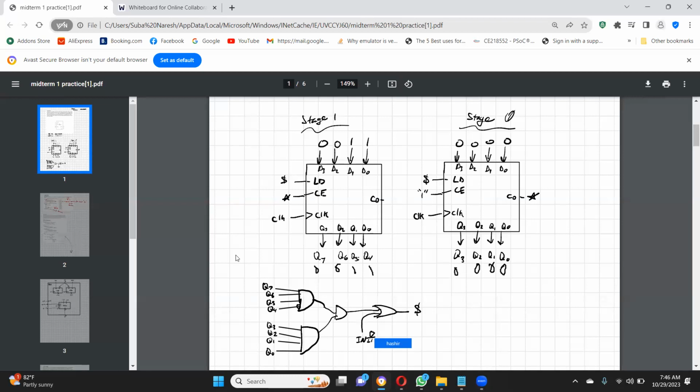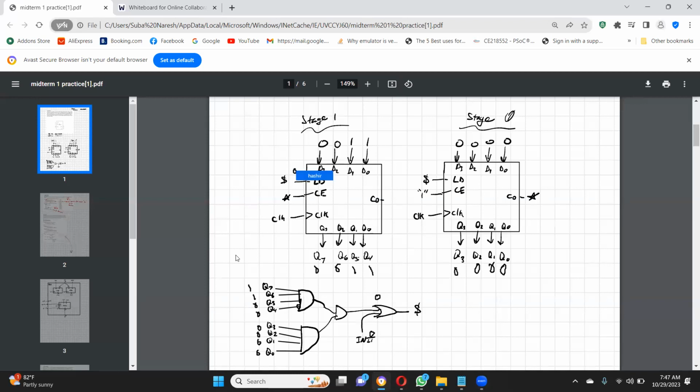Because you only press it once. So this is 0, 0, 0, 0, 0, 1, 1. Output is 0 in both the cases, so nothing is loaded. It will start counting.